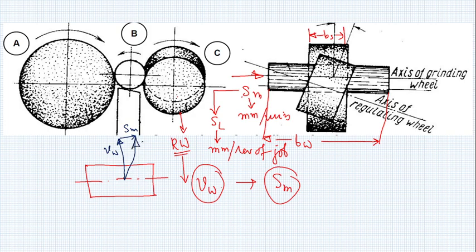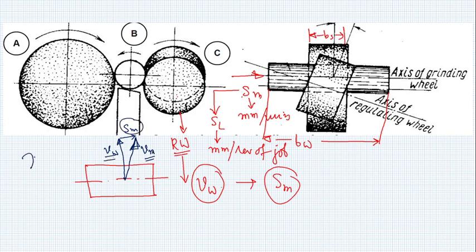Please excuse me. Let me redraw it. So VR has to be in this direction so that it has two components, VW and SM.